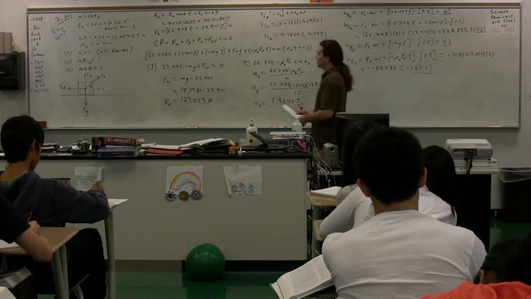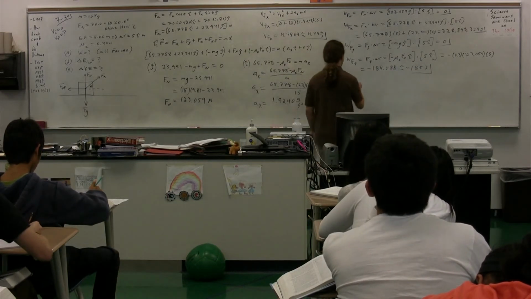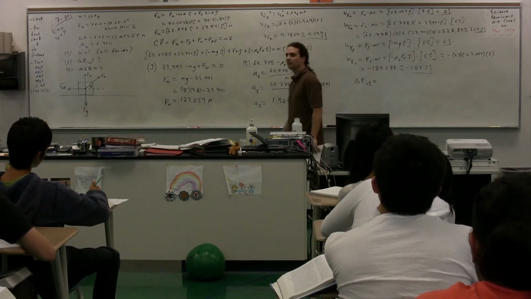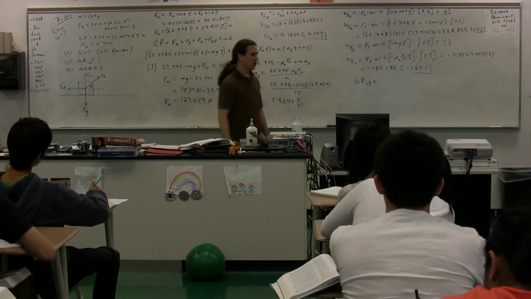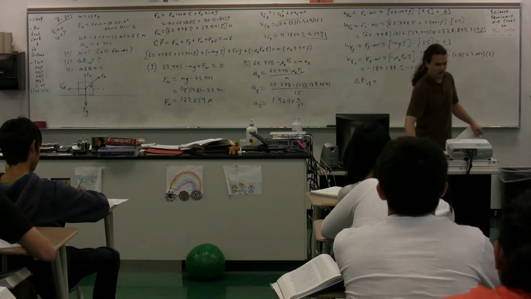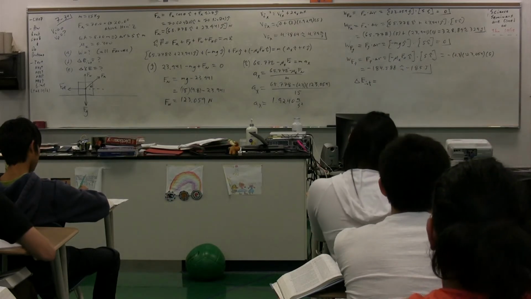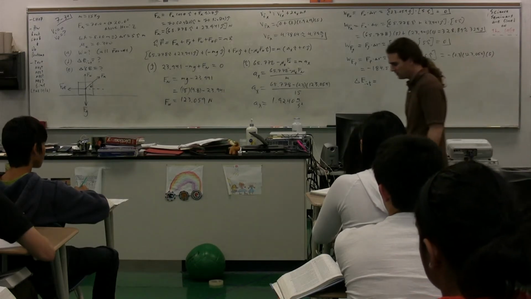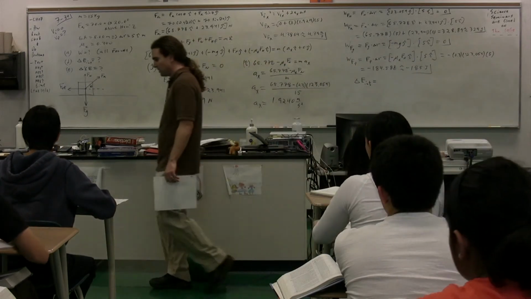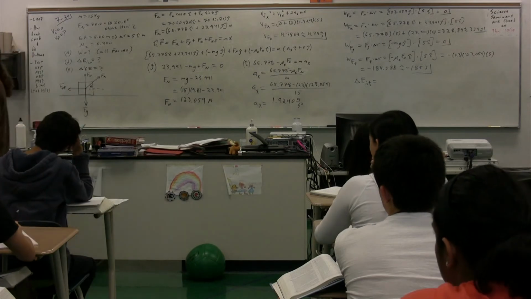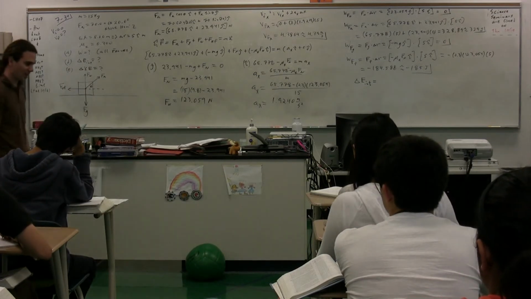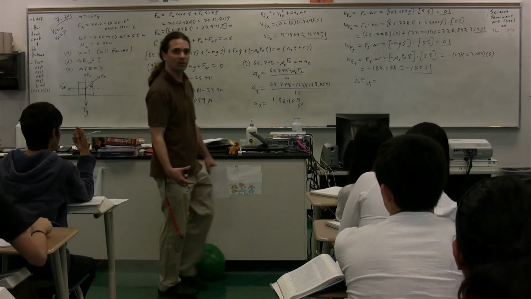Part D. What is the change in internal energy of the block? Okay, so think of it this way. We have an object sliding along. As it slides, it loses its kinetic energy, right? Where does that kinetic energy go?